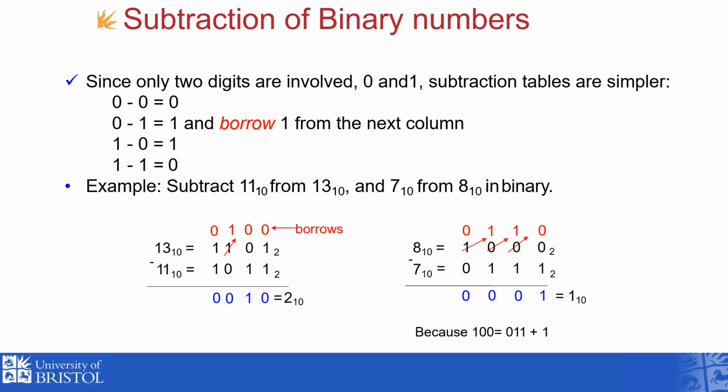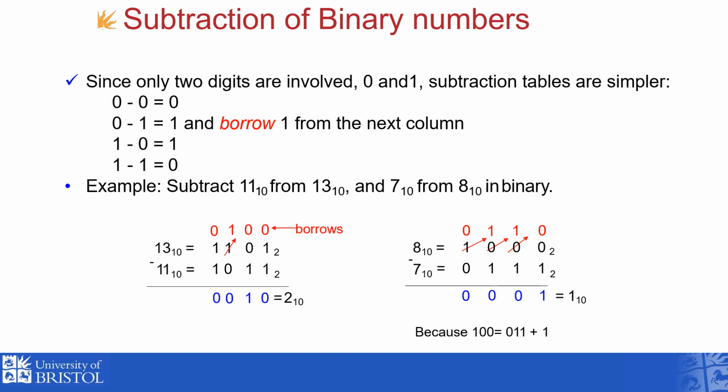So you need to borrow it from the left column. So in this case, this makes it 1 minus 1 equal to 0. And now when reaching the most significant bits, that 1 over here was already borrowed. So effectively now that is equal to 0. So it's 0 minus 0, which gives you a 0 as a result.